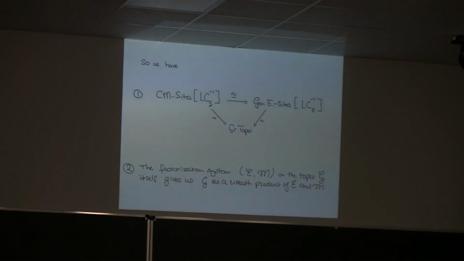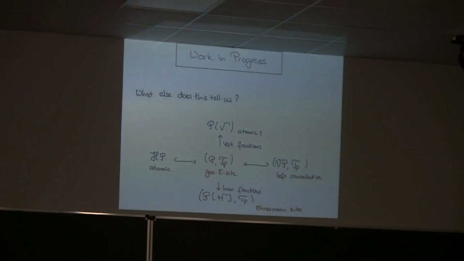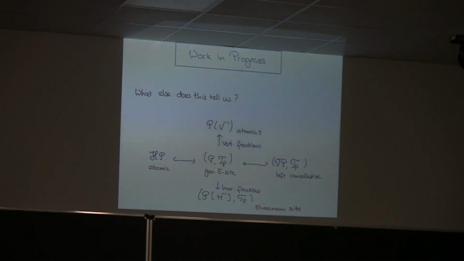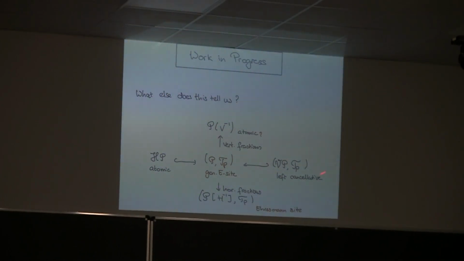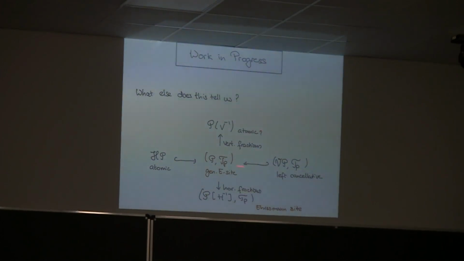My next question is, how far can we do this on sites? Does this work just on the whole thing, or does it also work on individual sites? When I take a site and turn it into a generalized Ehresmann site, the double categorical picture makes me take the horizontal category and the vertical category, and I get an atomic site, a left-sensitive site sitting inside this.